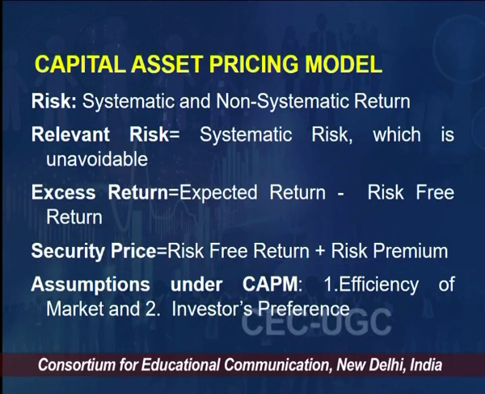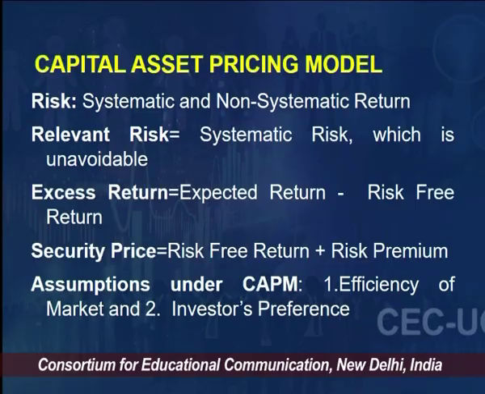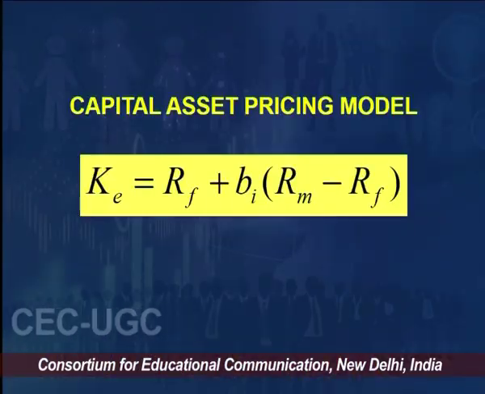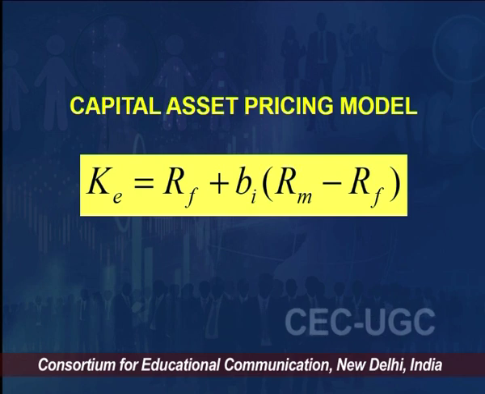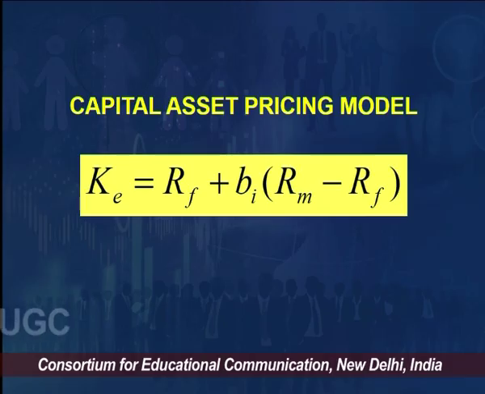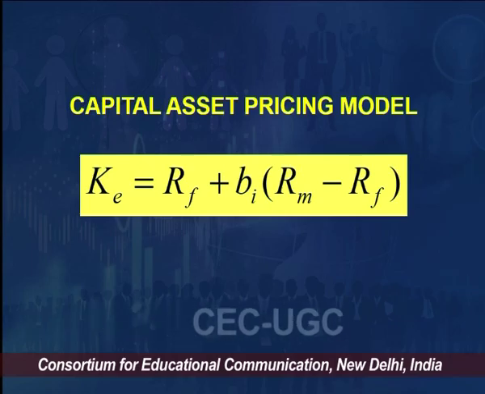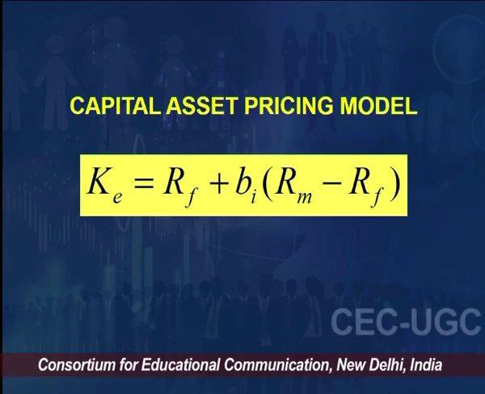So that combined is two things in the formula as well: RF plus beta multiplied by the difference of the return on market portfolio and the risk free return. So that is excess return, RM minus RF, that is what I am talking about, the excess return you are expecting on the beta, right? So that is what I have explained to you now.